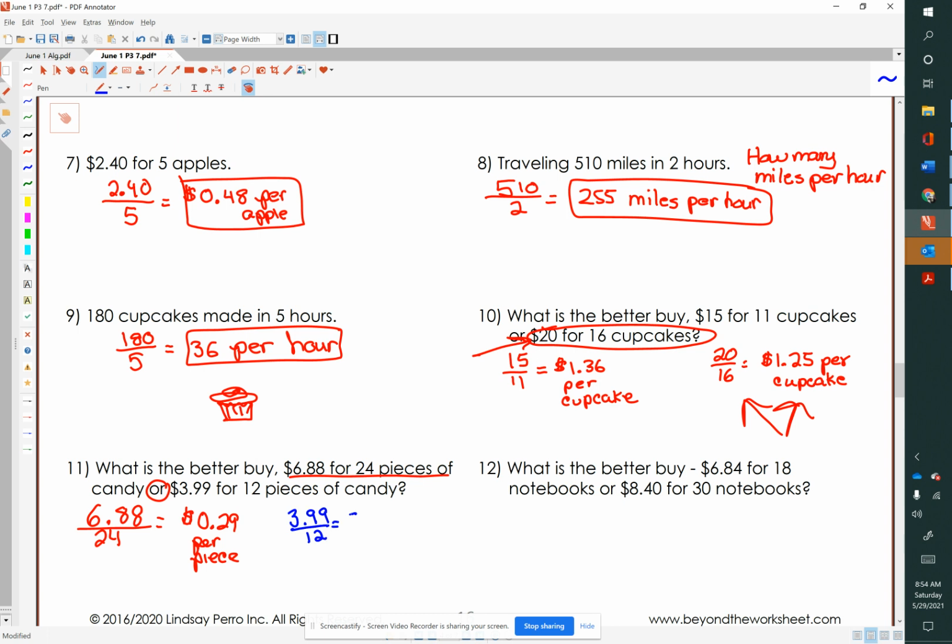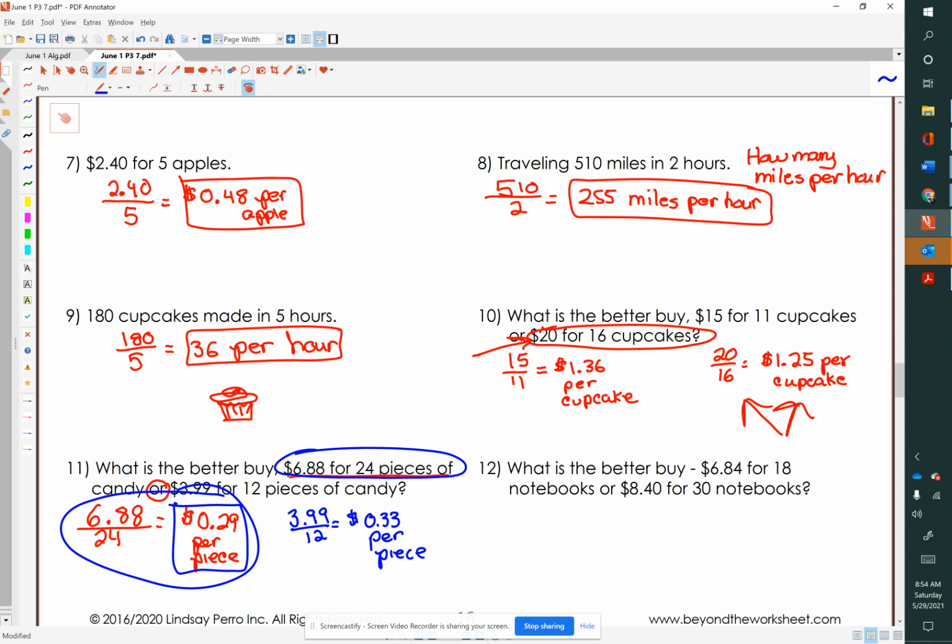And that comes out to 0.33 cents per piece, so 33 cents per piece. And certainly the better deal is the $6.88 for 24 pieces, which comes out to 29 cents per piece.